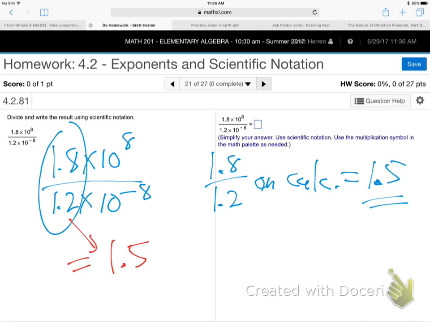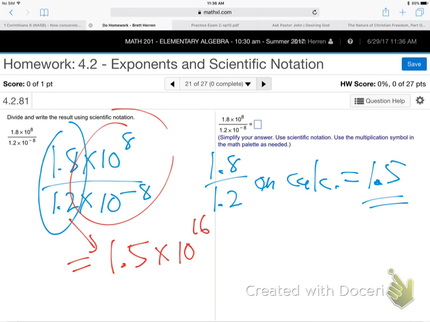I divided the numbers. And the decimal is, by the way, automatically in the right place. That's nice. I don't have to do any fiddling with it, right? Now, what do you do with this? You can just subtract exponents, right? The 8 on the top minus the minus 8 on the bottom will be 10 to the 16.